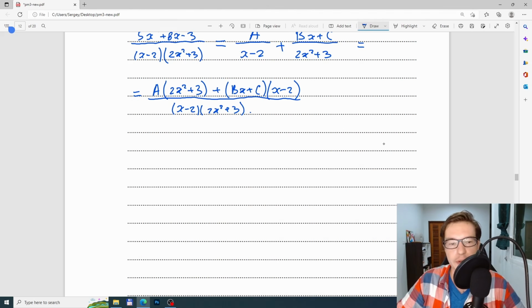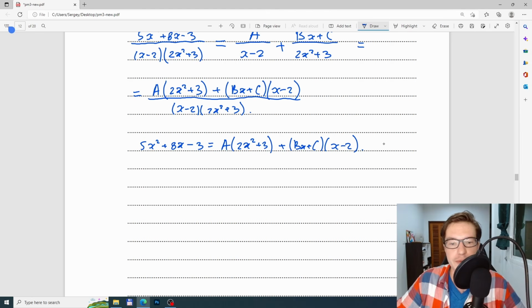So basically, we're looking for the values of A, B, and C, such that 5x squared plus 8x minus 3 would be equal to A times 2x squared plus 3 plus Bx plus C times x minus 2. And it should be equal for all values of x.